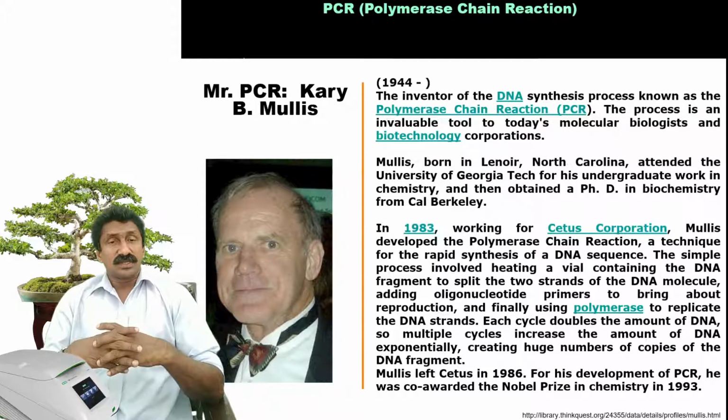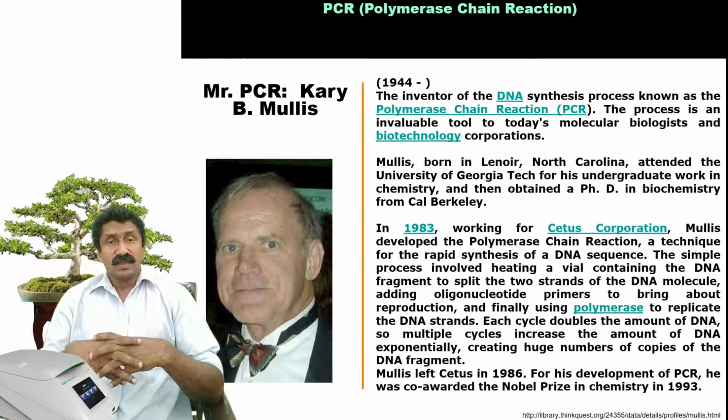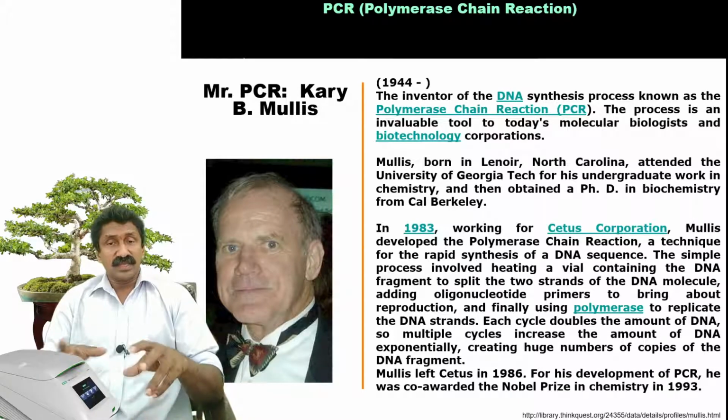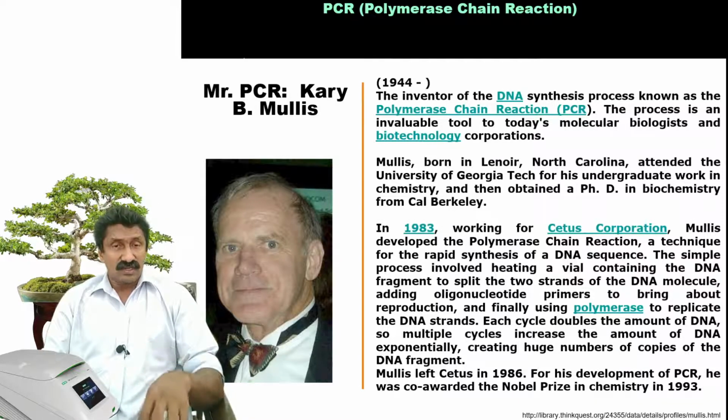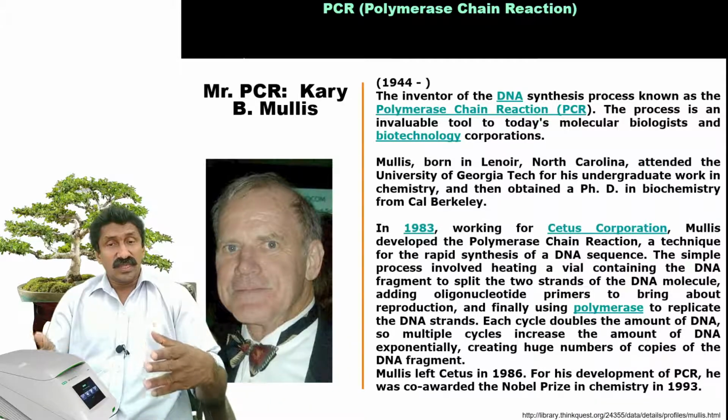The simple process involved heating the vial containing the DNA fragments to melt the DNA into two separate strands, adding the oligonucleotide primers to bring about the reproduction, and finally using the polymerase to replicate the DNA strands. Each cycle doubles the amount of the DNA because it's a replication cycle. So multiple cycles increase the amount of DNA exponentially.